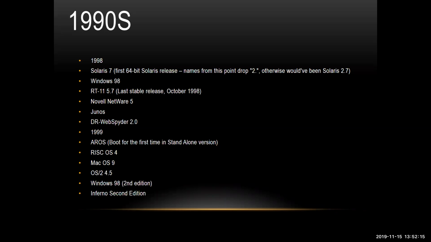We also had RISC OS 4 and then Mac OS 9 and then OS/2 4.5. And then we also had Windows 98 second edition. And lastly, the second edition of Inferno.